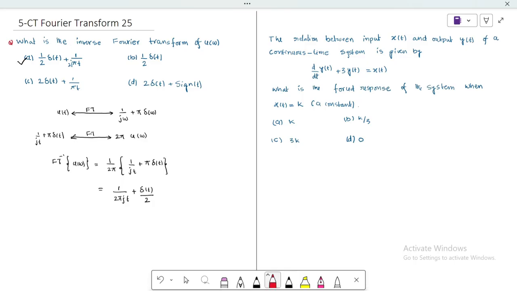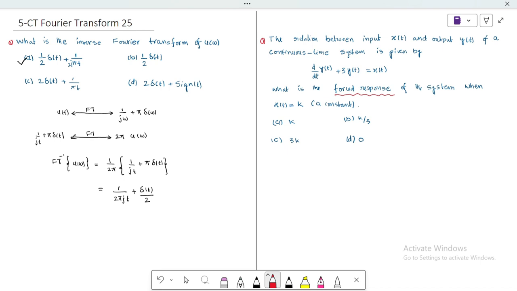So this is a question. The relation between input and output of a continuous time system is given by... So what is the forced response? In the response, there are two parts. One is steady state response, and another one is transient response.